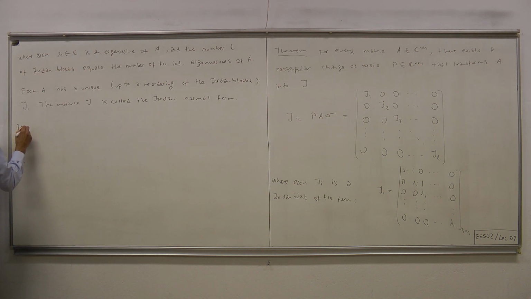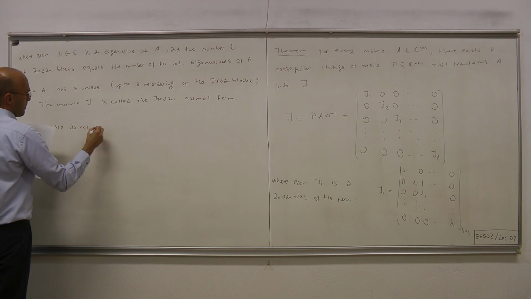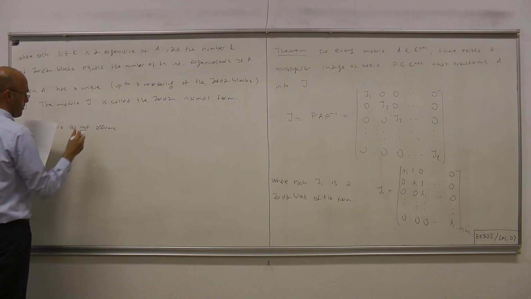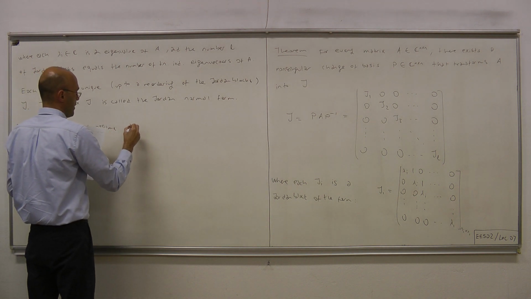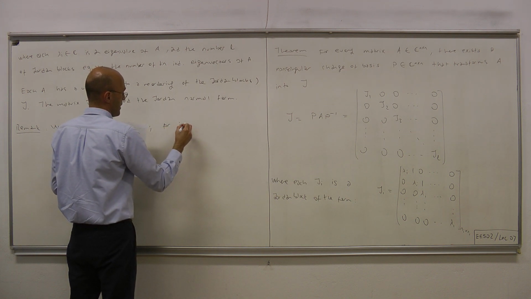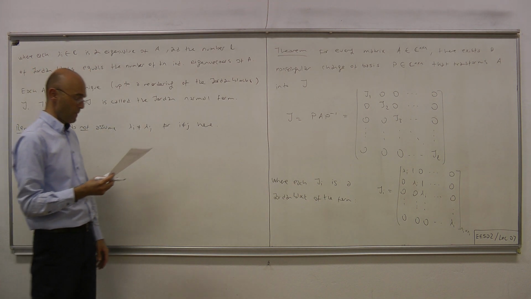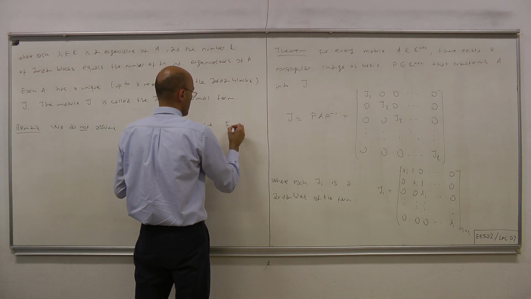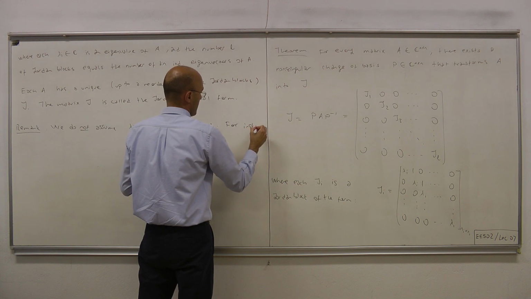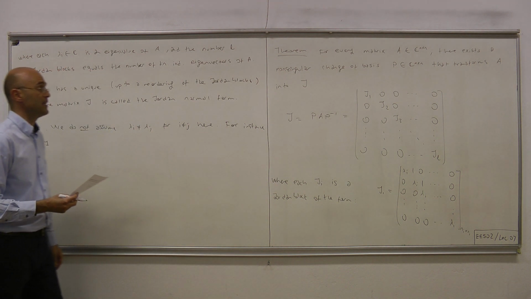There are a couple of remarks that I want to make. First, we do not assume lambda i not equals lambda j for i not equals j. For instance, A equals the identity matrix, so it's already in Jordan form.